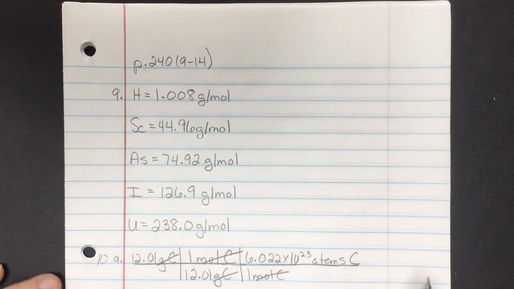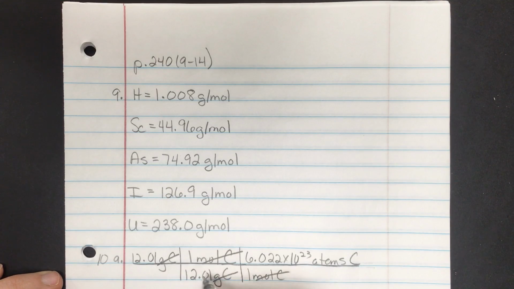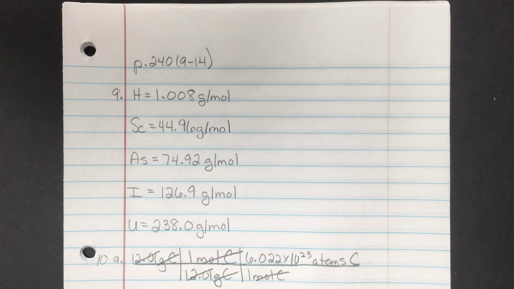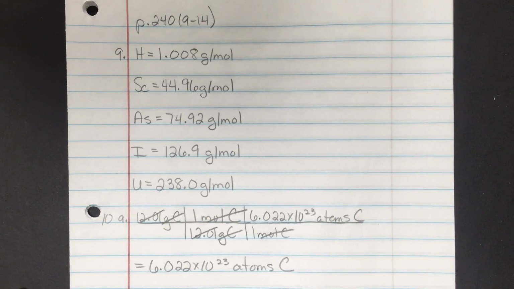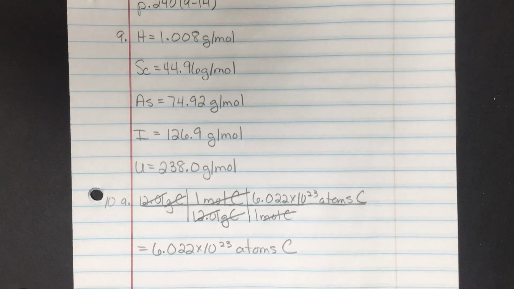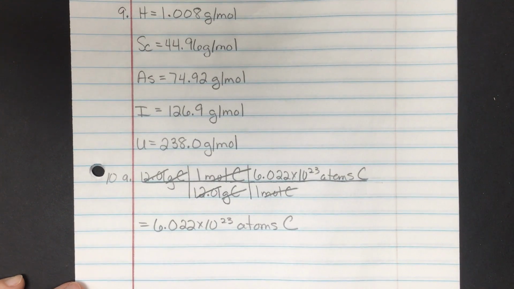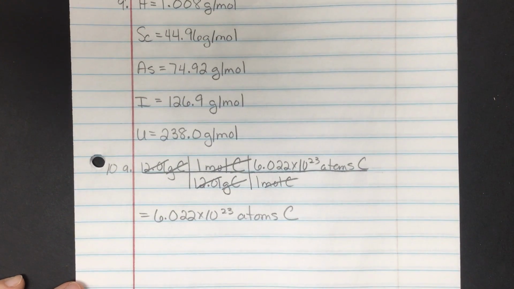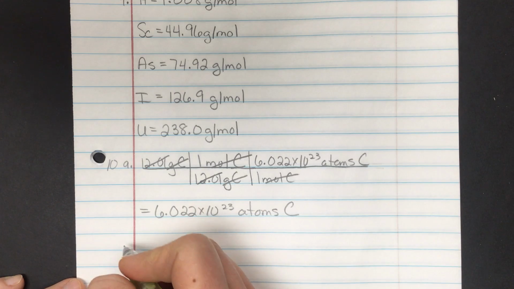And so my 12.01 cancels out. My answer is 6.022 times 10 to the 23rd atoms of carbon. I'll try to keep the problems in view as I'm doing them. Sorry if I haven't.